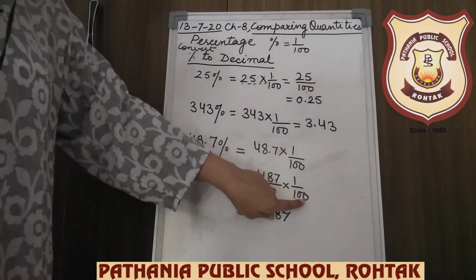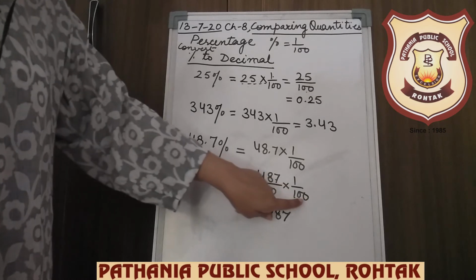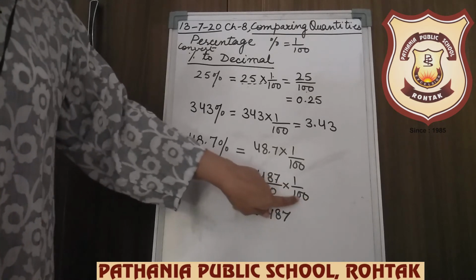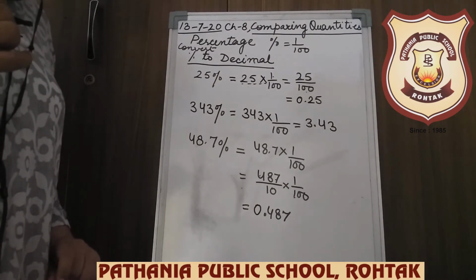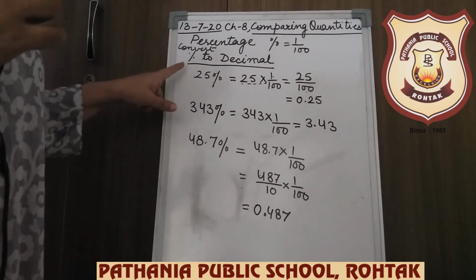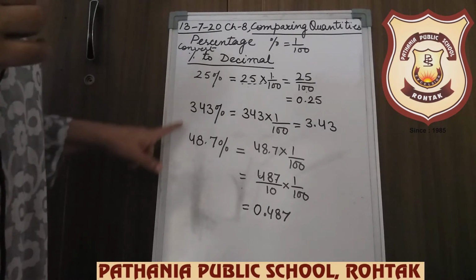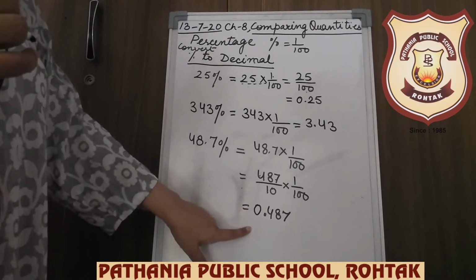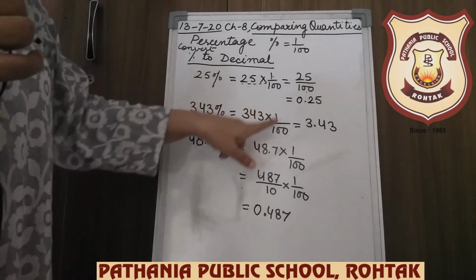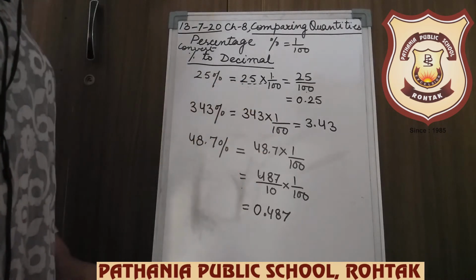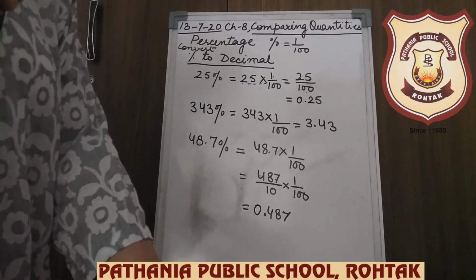While putting the decimal, you have to count all the zeros which are there in the denominator. Is this clear to everyone? How to convert the percent into decimal? This sign of percent, write it as 1 upon 100 and then just put the decimal which you know.